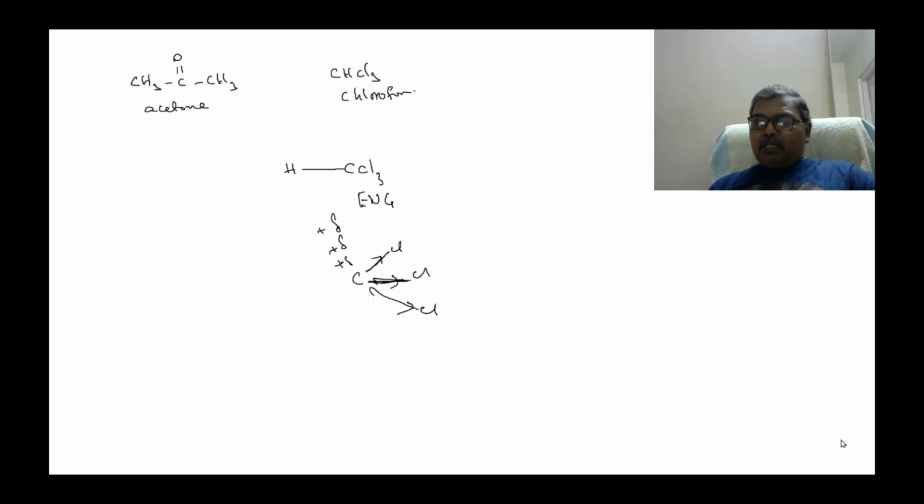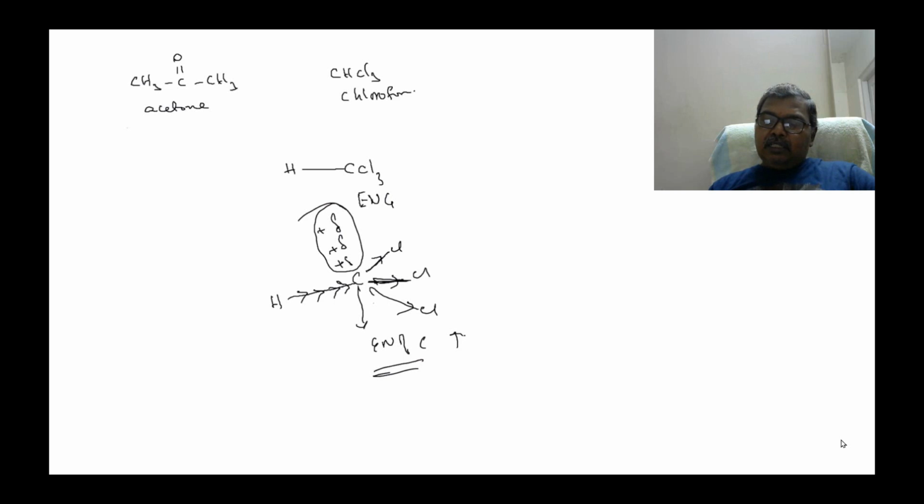As positive charge on carbon increases, electronegativity of the carbon increases. As electronegativity of carbon increases, it pulls the bond pair of electrons in the CH bond towards itself.